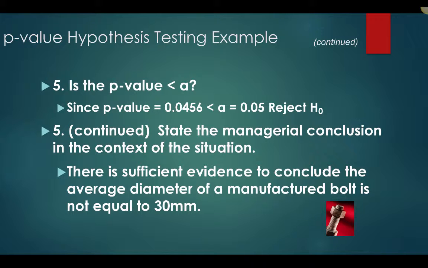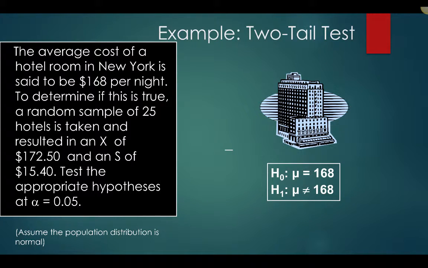Here's another example of a two-tailed test. The average cost of a hotel room in New York is said to be $168 a night. To determine if this is true, a random sample of 25 hotels is taken and a result of X-bar of $172.50.